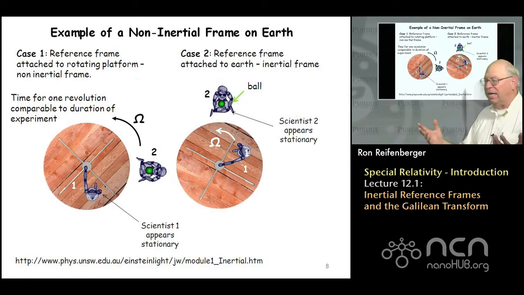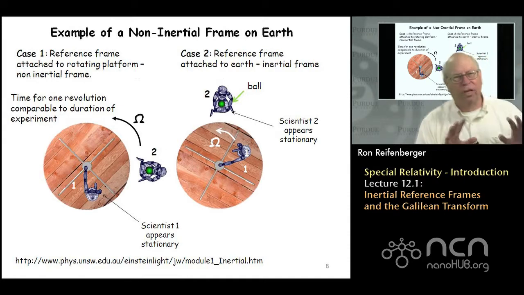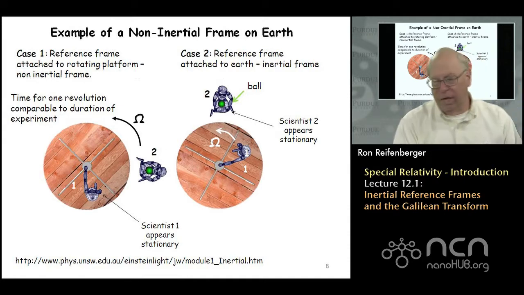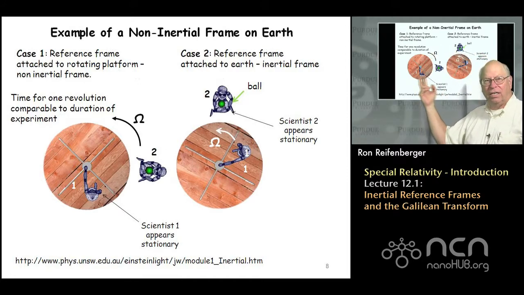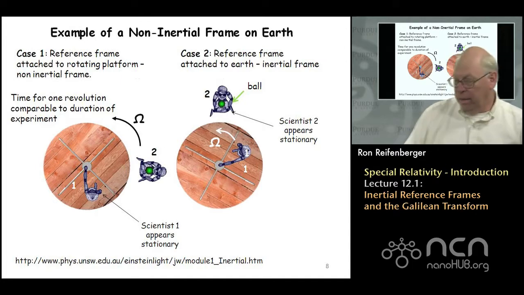We're just going to ask what the motion looks like when viewed from these two reference frames. So hopefully the premise of the experiment is reasonably clear. The simulation is an attempt to show you what a non-inertial reference frame looks like.